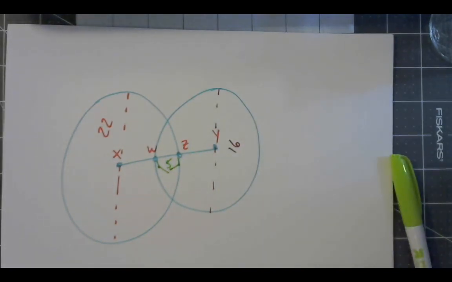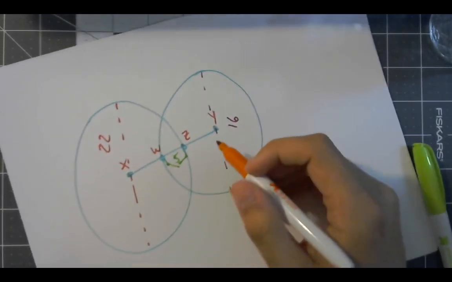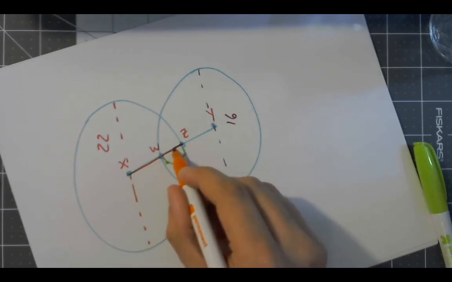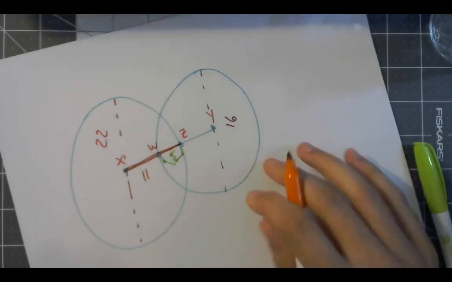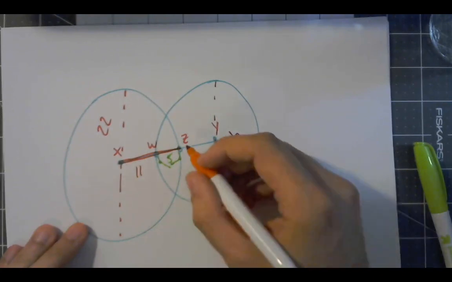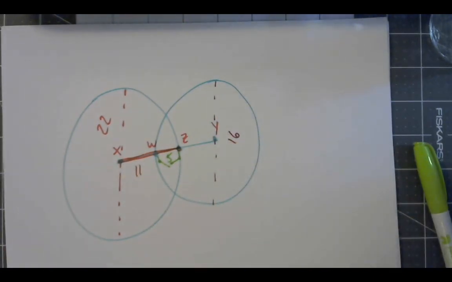The reason this matters is because we're given the diameters, but we're not given the radii. So if I know this is 22 units long, then I know this right here is 11 units long. From X to Z is 11 units long.